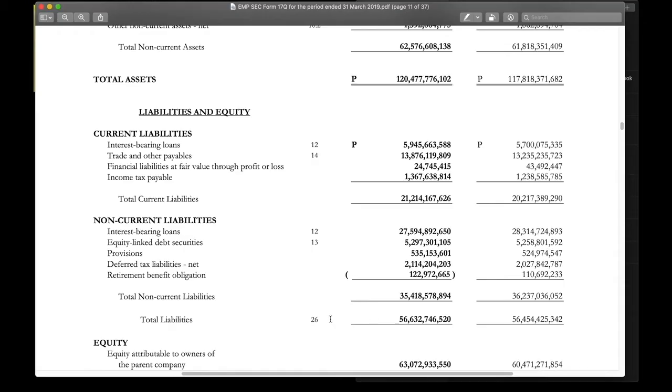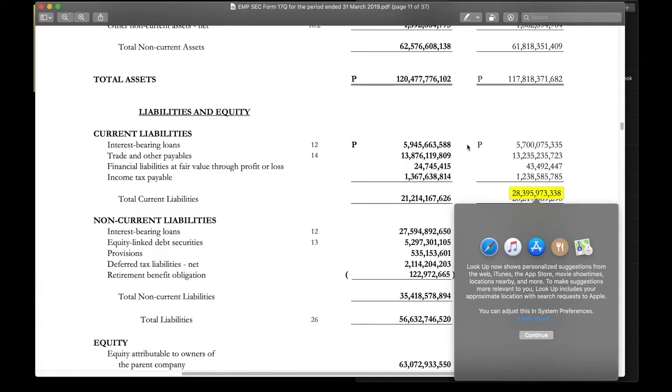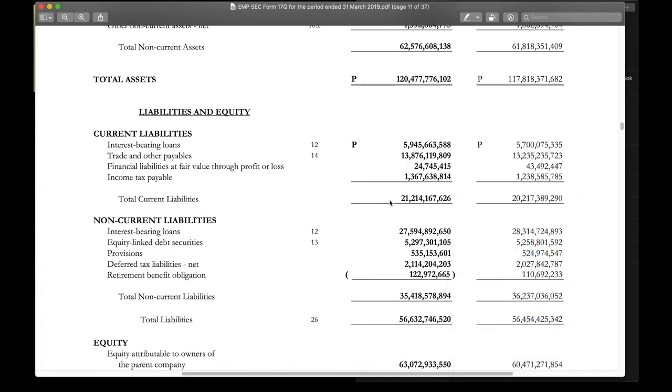So total liabilities, guys, don't be confused sa total current liabilities tsaka total non-current. Pagsamahin yung dalawang yan. I hope you're familiar with financial statements para hindi nalilito. Kung hindi man, ipapaliwanag ko siya. Ito plus ito is equals ito. Ang kailangan natin is not the current, not the non-current, but rather the total liabilities.